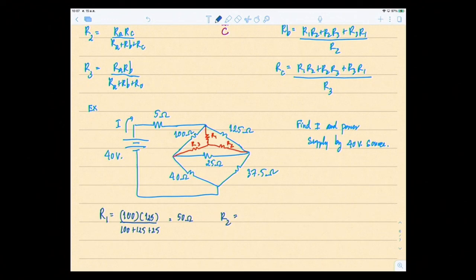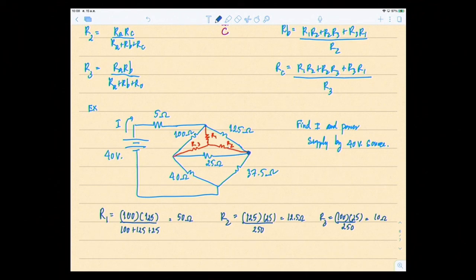R2 is right here, connected to 125 and 25. So 125 multiplied by 25 divided by the same sum, 250, so equal to 12.5 ohms. And the last one, R3, is connected to 100 and 25, so 100 times 25 divided by 250 equal to 10 ohms.